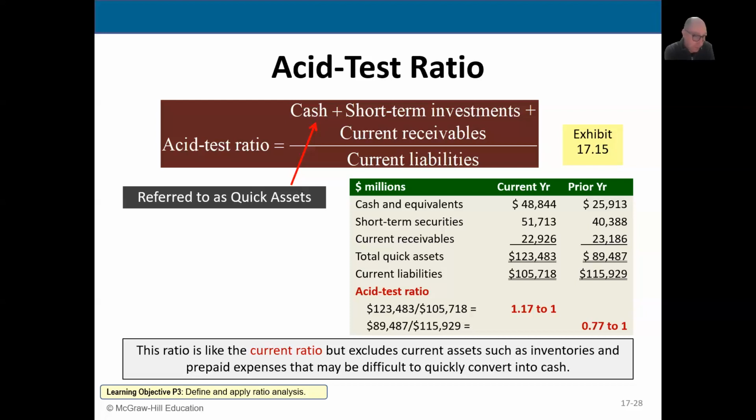You'll notice that inventory is not included here. The reason for that is inventory is not that easy to quickly convert. I mean, yeah, I can have a fire sale and sell everything I've got, sure. But it's not that easy. It's not that quick. That's why we don't include inventory in this calculation. But yeah, that's the acid test ratio, how quickly I can convert things into cash.